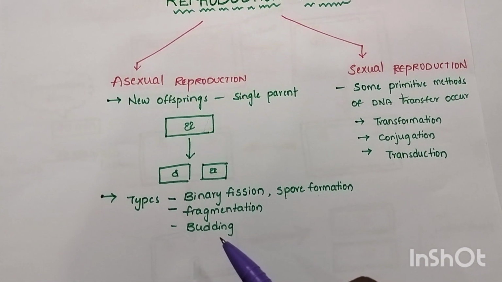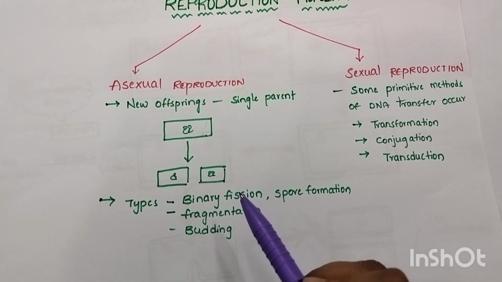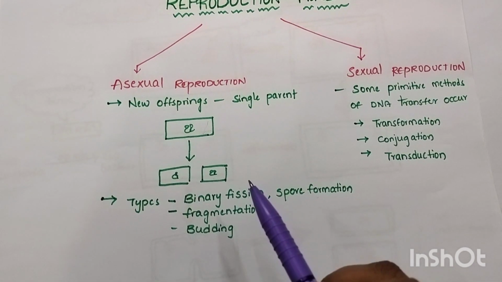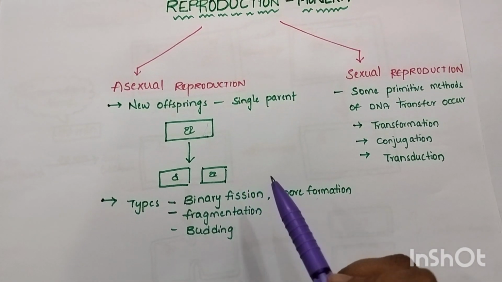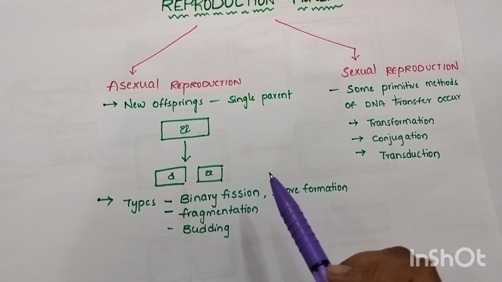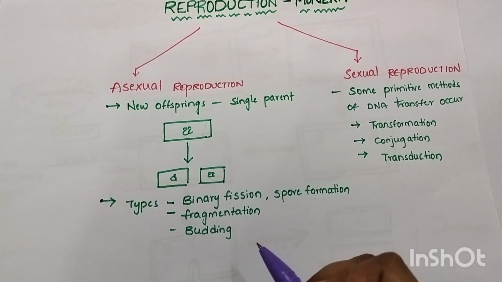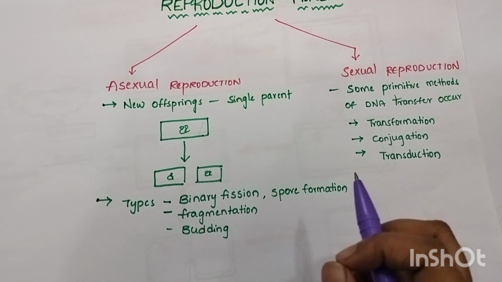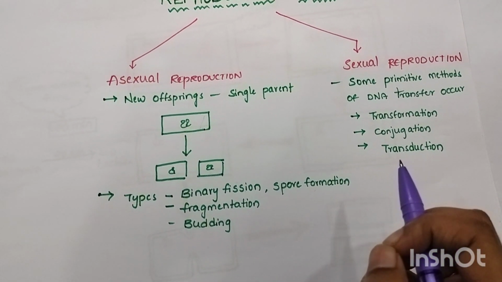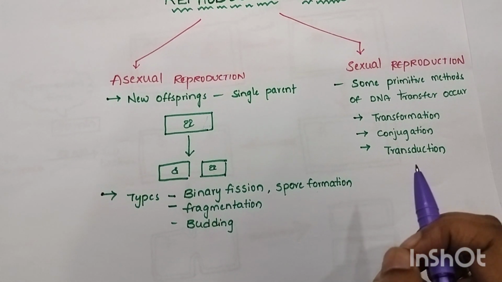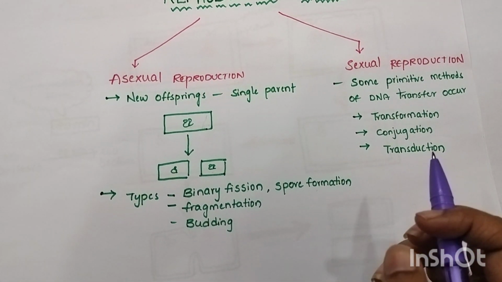But the bacteria we are talking about exhibit either binary fission or spore formation. They exhibit binary fission under favorable conditions. What are favorable conditions? Like the pH or the temperature being favorable for the bacteria to grow, and if there is enough food available for the bacteria to eat. Those are the favorable conditions.